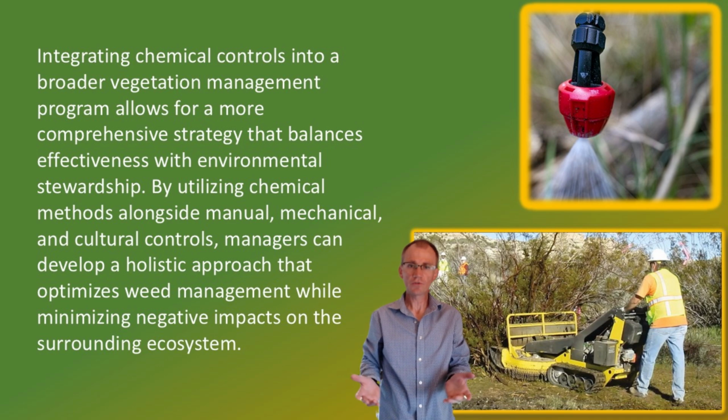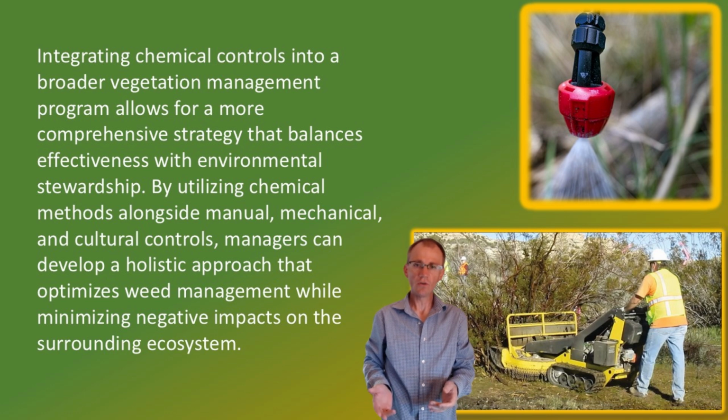Integrating chemical controls into a broader vegetation management program allows for a more comprehensive strategy that balances effectiveness with environmental stewardship. By utilizing chemical methods alongside manual, mechanical, and cultural controls, managers can develop a holistic approach that optimizes weed management while minimizing negative impacts on the surrounding ecosystem.